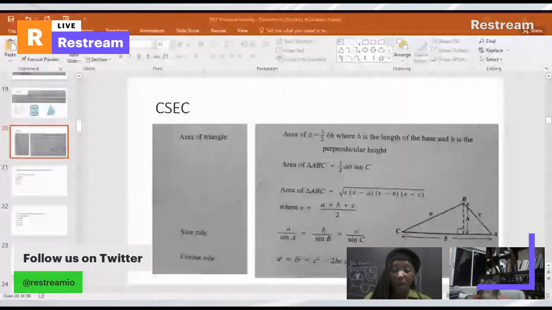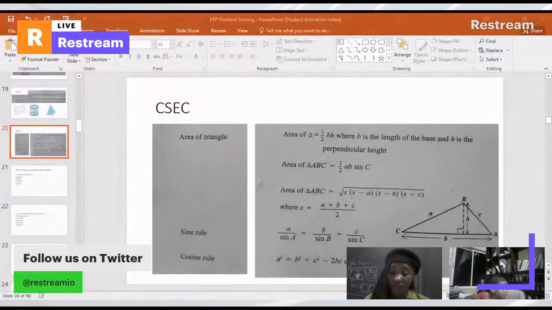But this multiple choice session is very important, and I think this is where most students fail, because they tend to focus on the paper 2, and many teachers also focus on the paper 2 when doing their crash courses.